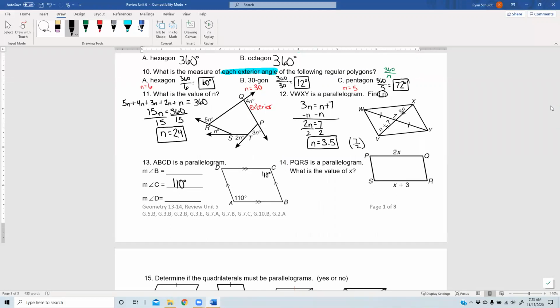Another thing is that consecutive angles have to be 180. So these two angles must give me 180. So I have to find room somewhere to do 180 minus 110 gives me 70. So angle B is 70 degrees, which means angle D is 70 degrees.